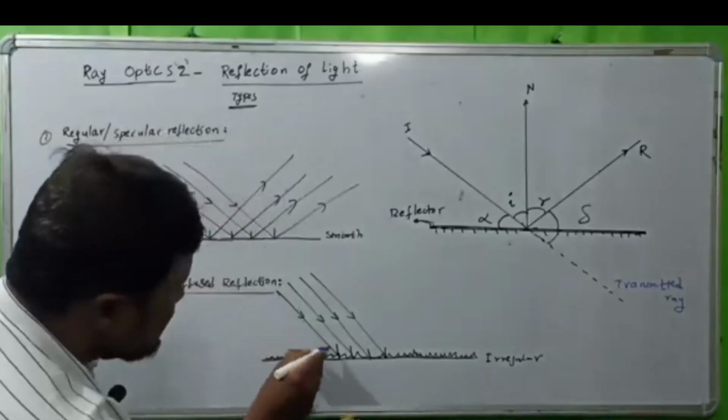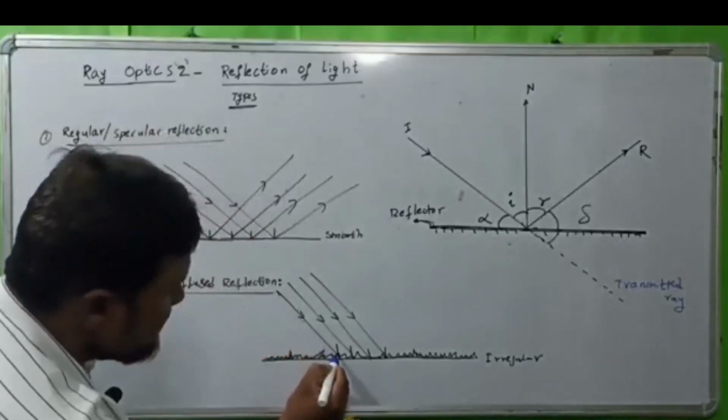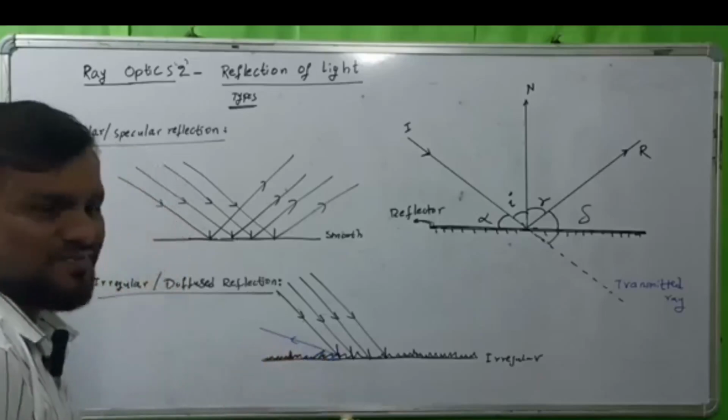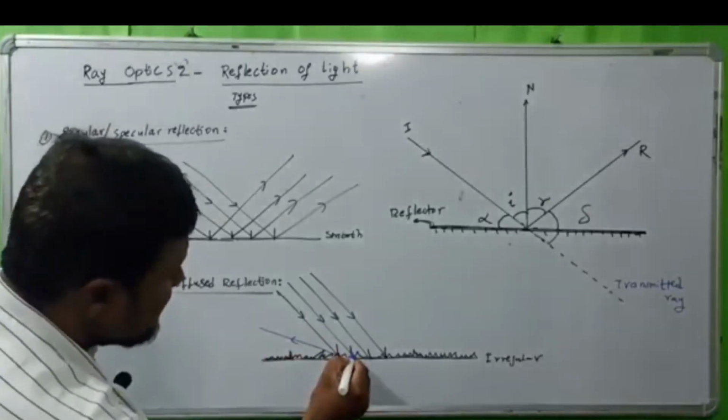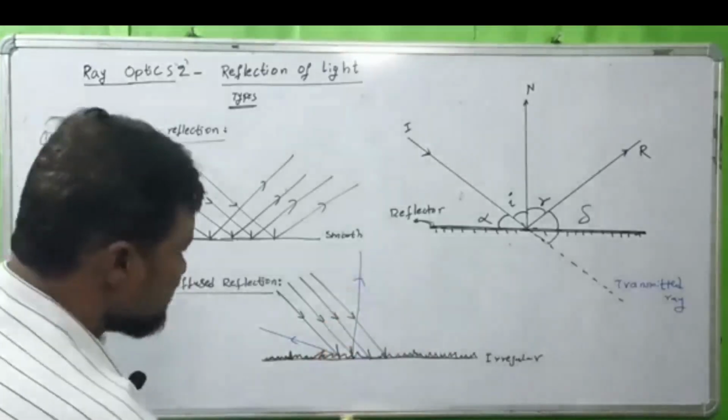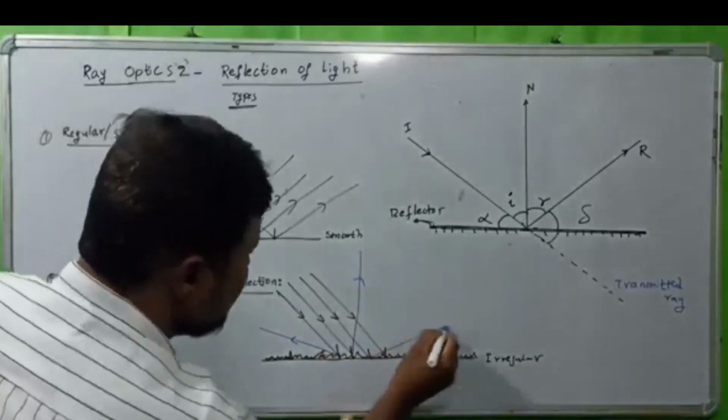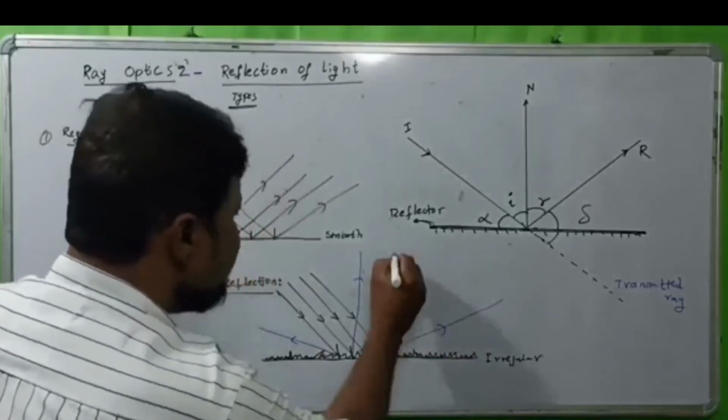This is the first incident ray. If you observe, this ray may be moving this way, and this ray will be moving that way, like this.